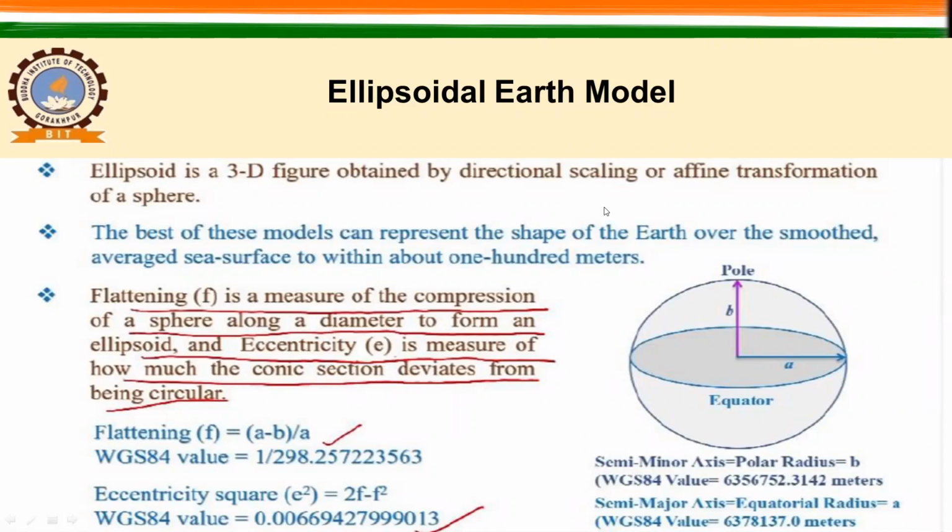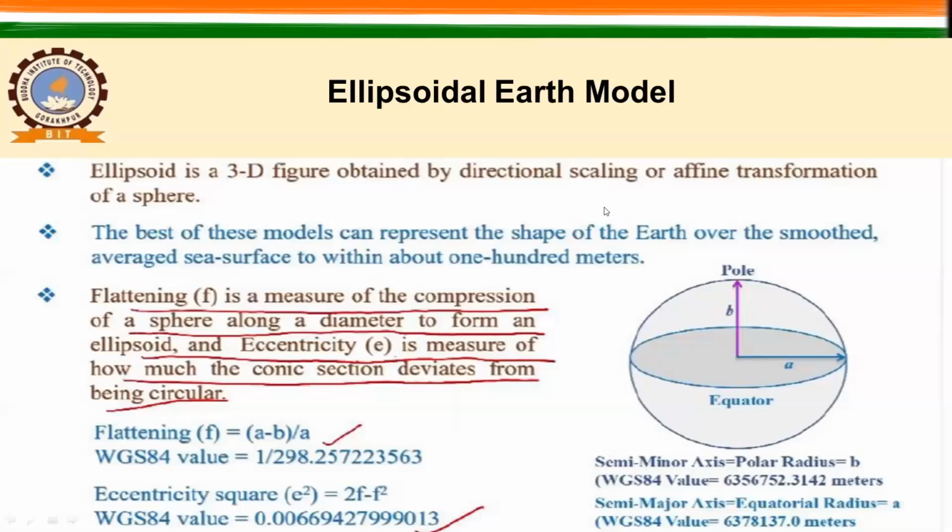An ellipsoid is a 3D figure obtained by directional scaling, or a transformation of a sphere. The best of these models can represent the shape of the Earth over the smooth average sea surface to within about 100 meters. So you can see this particular figure.